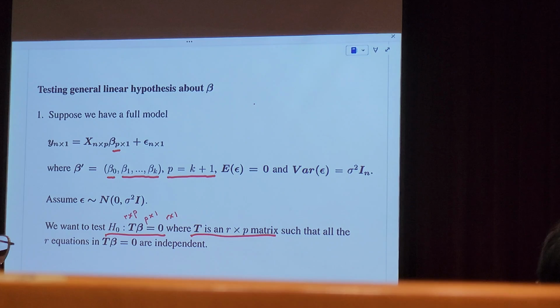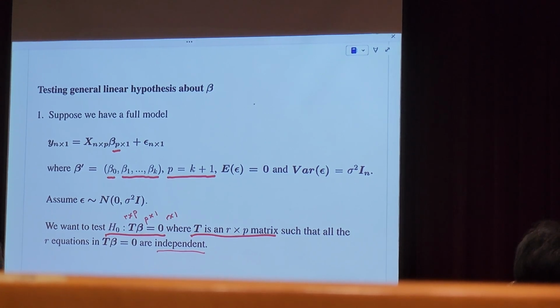And I'm going to assume that the R equations are independent. If you read the book, I think the book gives you a slightly more general setting, which I find a little confusing. That's why I'm writing my notes here to help you understand it. Because if there are equations that are not independent, you can always remove them.